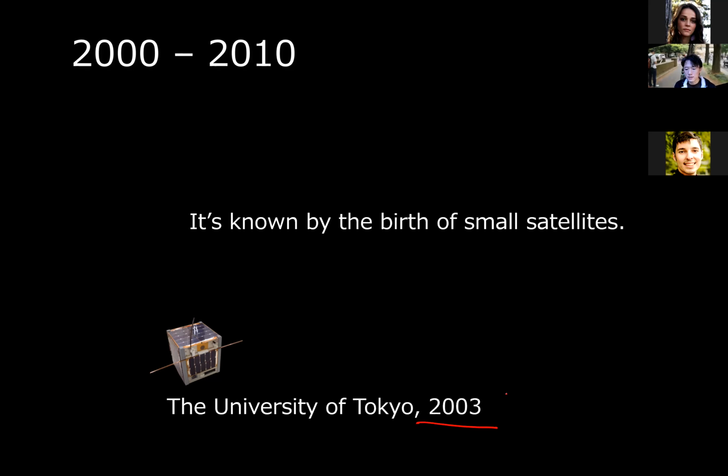It was the University of Tokyo's XI-IV CubeSat, this one. And following this CubeSat, a lot of institutes, universities, and companies started to launch and operate CubeSats, microsats or nanosats. So this period is known as the birth of small satellites.